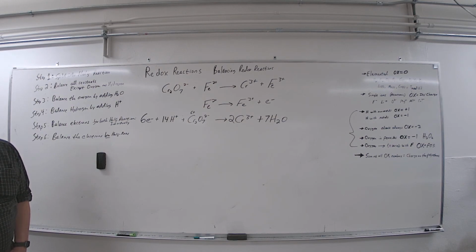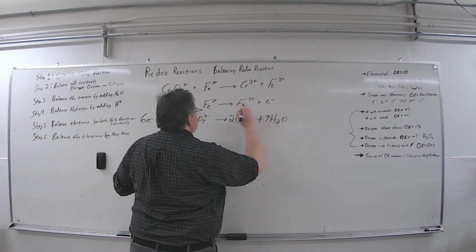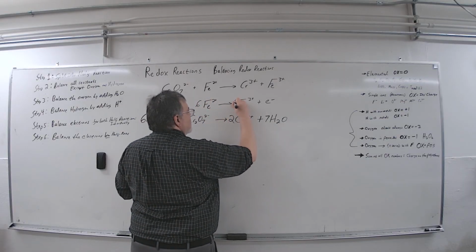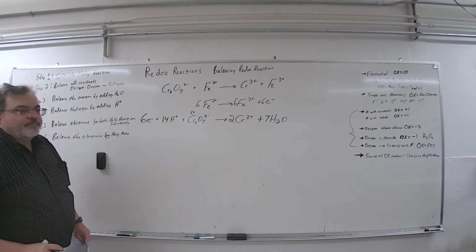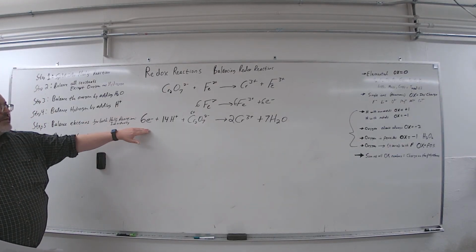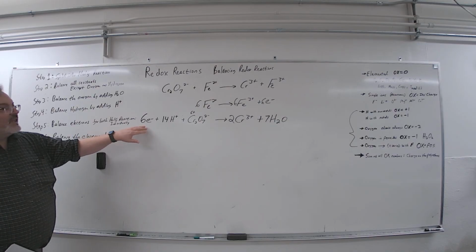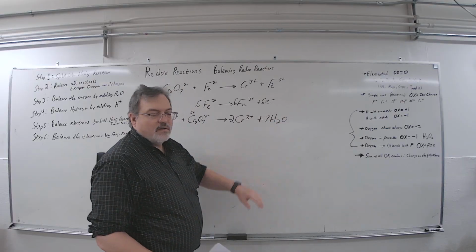See what I mean? Meaning, I'm going to multiply all of this by 6. 6, 6, 6. And now these two balance together. Because the amount of electrons that were gained over here are the same number of electrons that are lost over here.